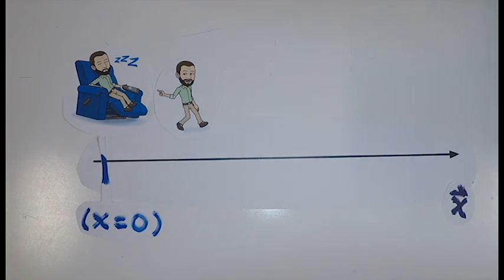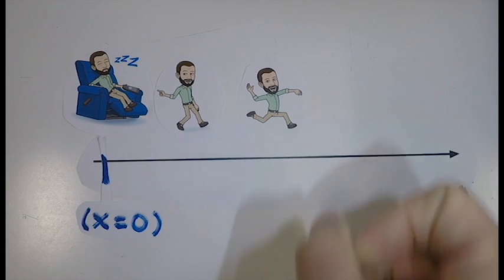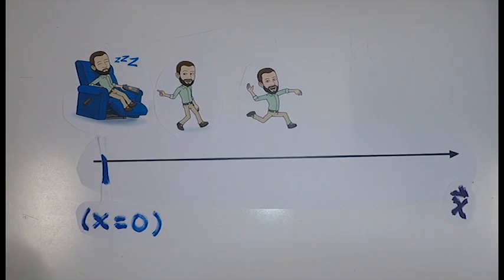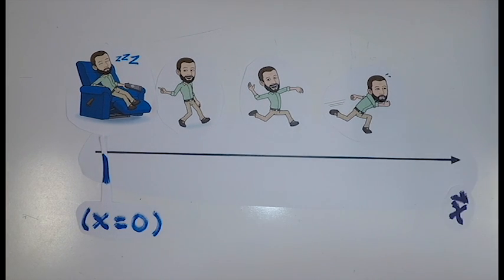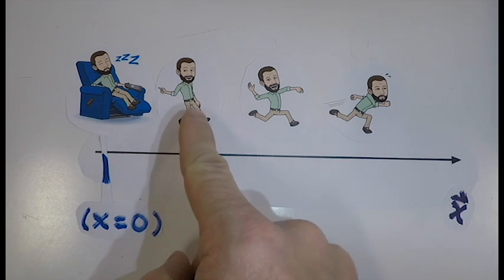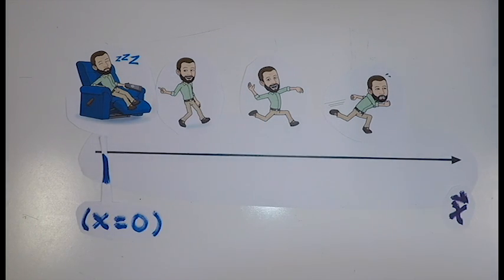After a while, not content with strolling, I decide to prance in the positive direction, and then finally sprint in the positive direction. So the whole time I'm moving in the positive direction, but I've got 4 different types of motion: rest, walking, prancing, and running. And all of those should be able to be represented in one still snapshot on a position versus time graph. So let's think about what that might look like.